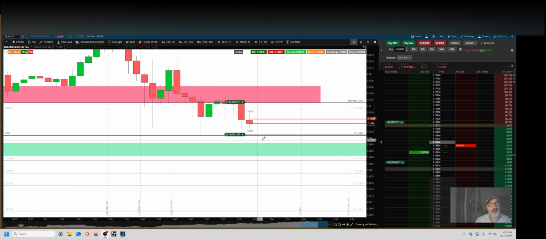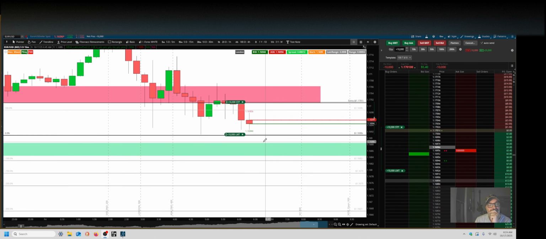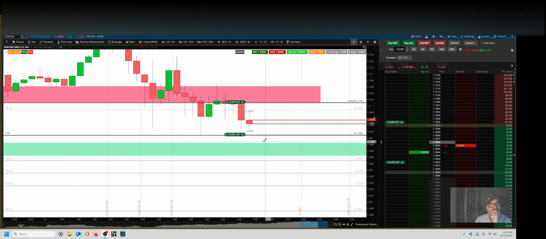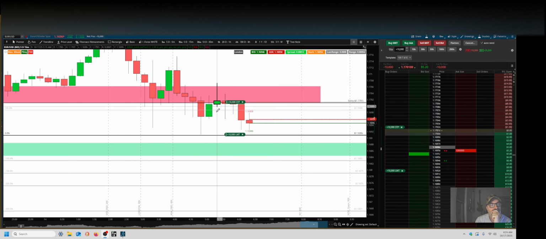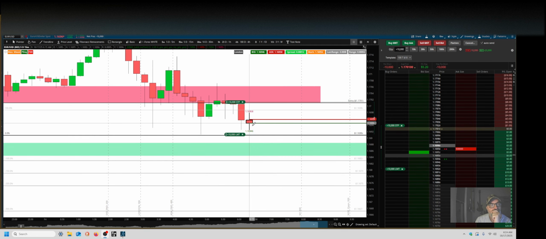We're just waiting. If this candle, it's called like a top candle, if it was below, that's a good sign that you continue down.